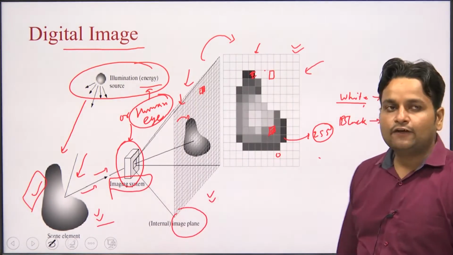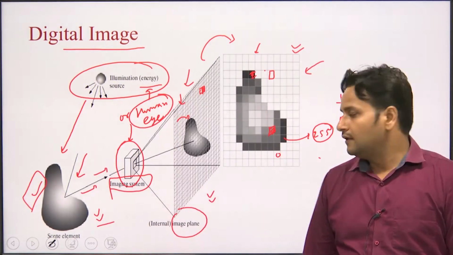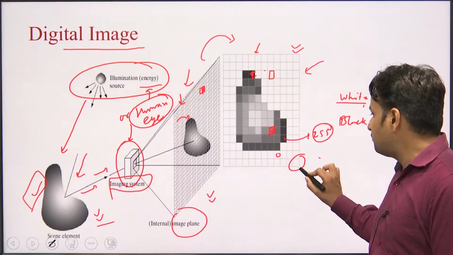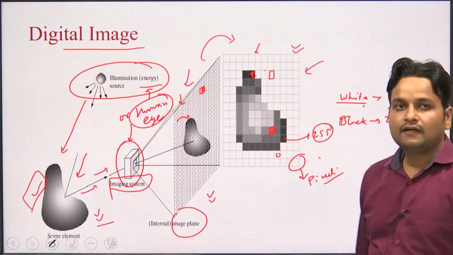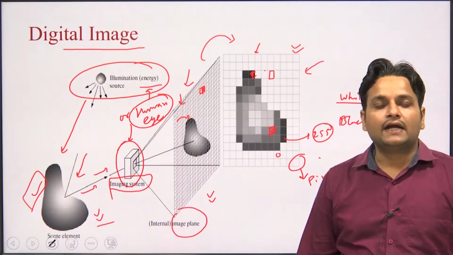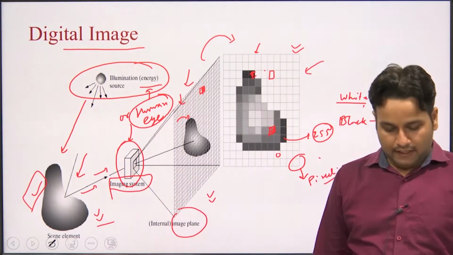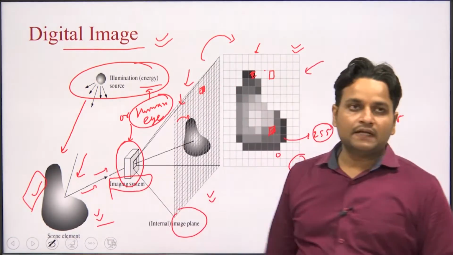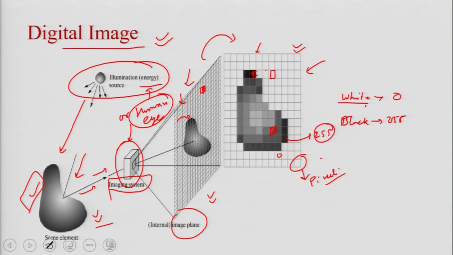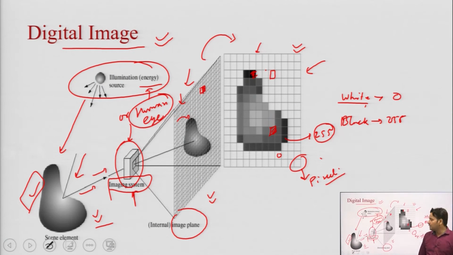According to the intensity of each rectangle, which is nothing but the pixel of this digital image, it gives the idea of a digital image. That is all about the digital image, and by using this image processing system, you can process this image into digital form.